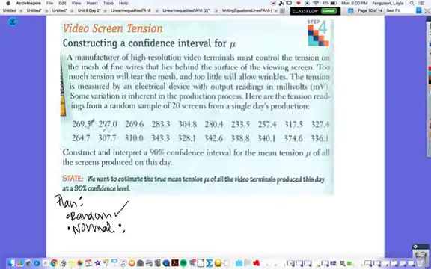We can go through this and see that all of our numbers seem to be relatively close together. They don't seem to be like one's way far out. It doesn't seem heavy on one side or the other. They seem to be pretty balanced, so we can say that this one is normal.